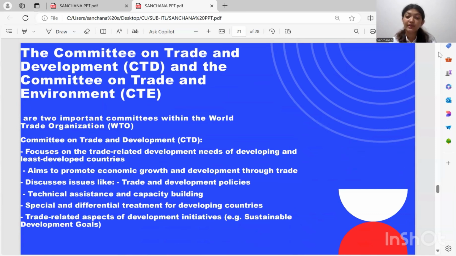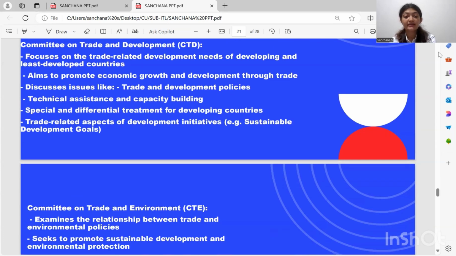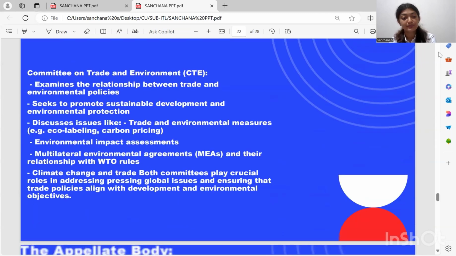So the motive is to bring the developing and underdeveloped countries economic growth through trade-related policies, and it discusses issues like trade and development policies, technical assistance and capacity building, special and differential treatment for developing countries, and trade-related aspects of development initiatives being taken, such as the Sustainable Development Goals, the SDGs.